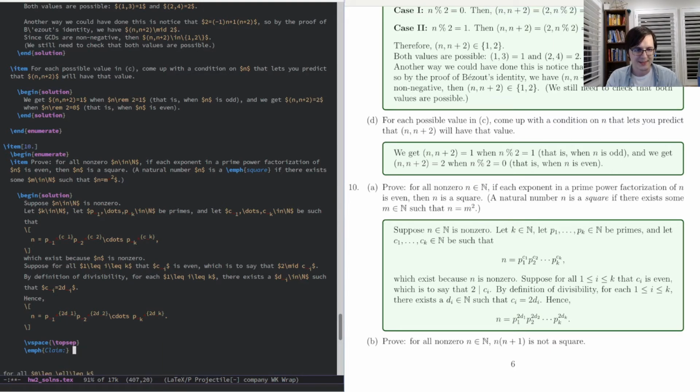No, I'm confusing myself. The claim is just that n equals p1 to the d1, p2. Ooh, that looks wrong. Okay. So that's why it's nice to have a little bit of editor support for LaTeX. It's nice how it's exponent like that.